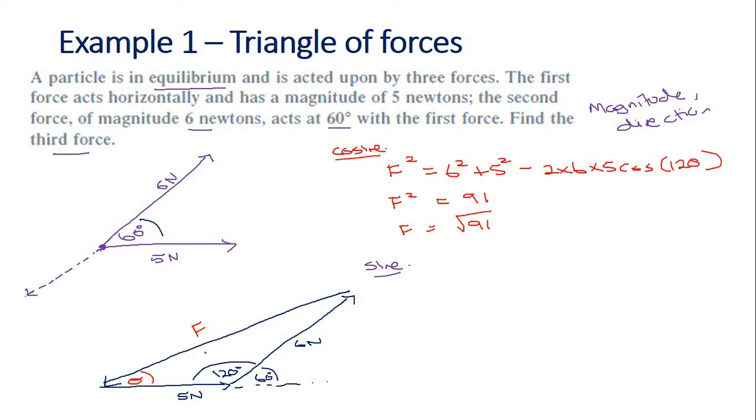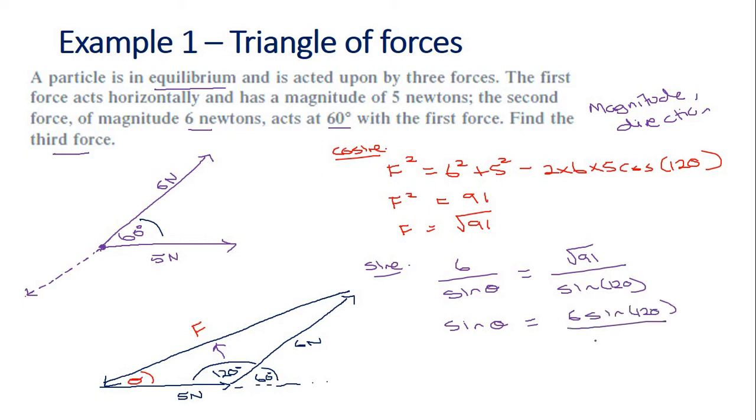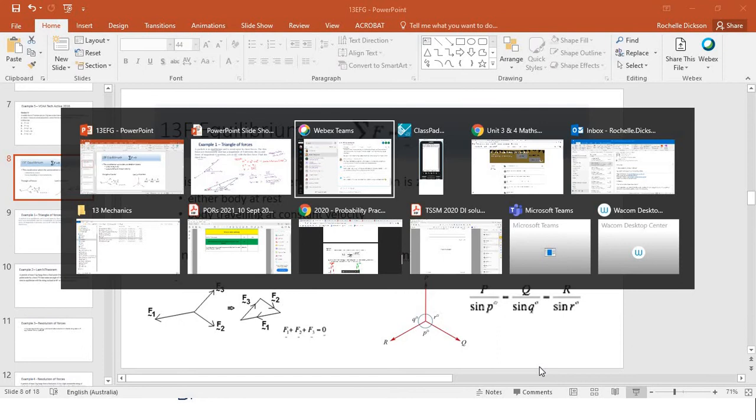So the sine rule says this is the side I want, this is the angle I want, its opposite side is 6. So 6 over sine theta equals our others that we know. The other angle I know is 120 degrees, and its opposite side is F, which was my answer there, square root of 91. This means that sine theta is going to be equal to, if we flip it over, rearrange and solve, 6 sine 120 over square root of 91.